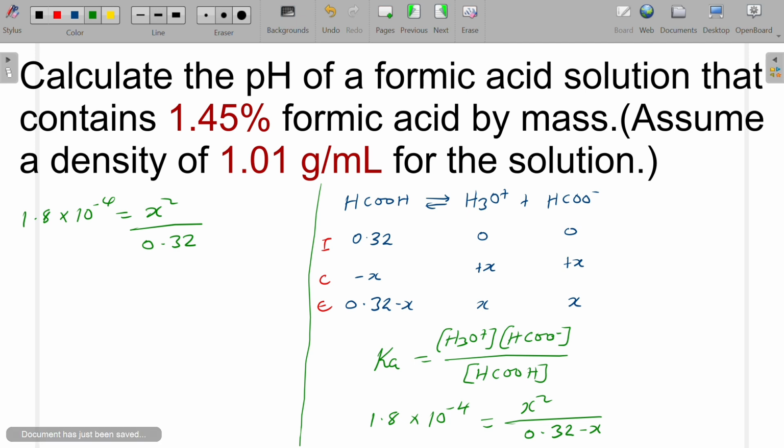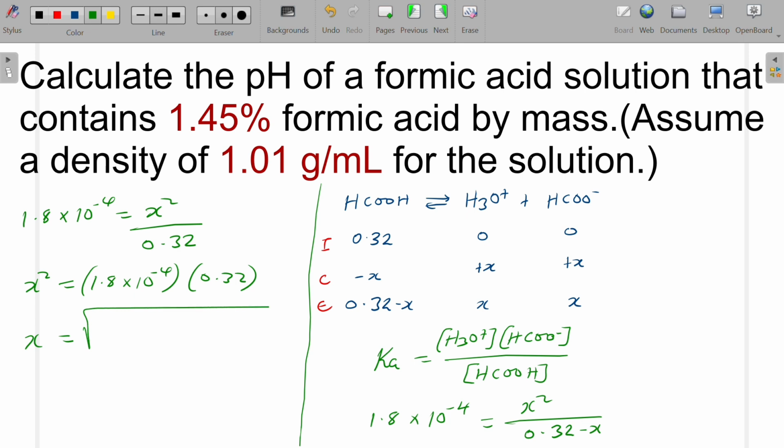All right. So when you read that point, all we are doing is finding the value of X. We cross multiply, so X squared will be equal to 1.8 times 10 to the power of minus 4 multiplied by 0.32. Then our X will just be equal to the square root of 1.8 times 10 to minus 4 multiplied by 0.32.